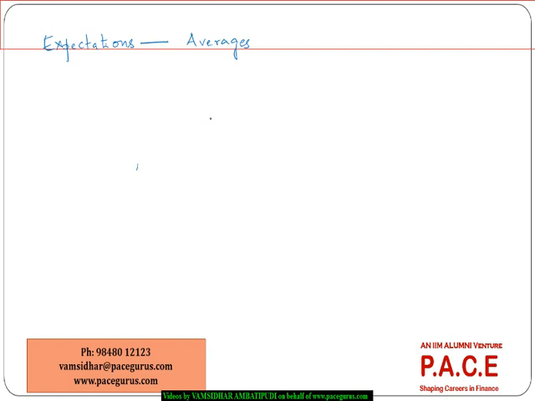When we are talking about expectations, we are looking at something forward looking. The major difference between averages and expectations is the forward looking part.